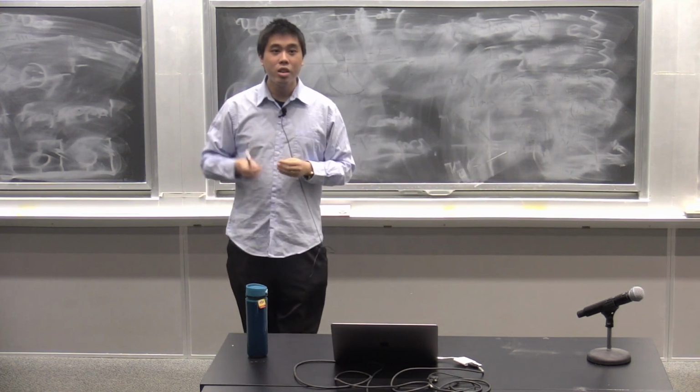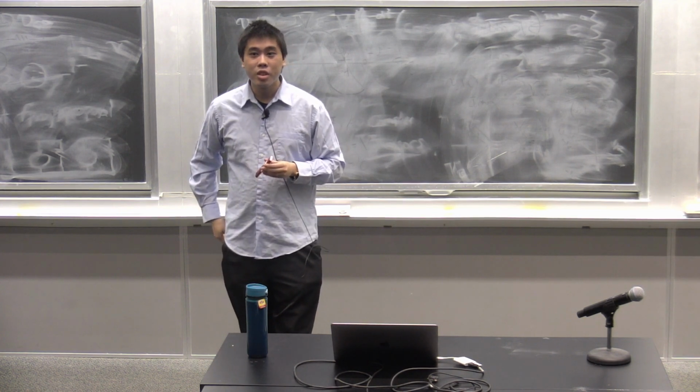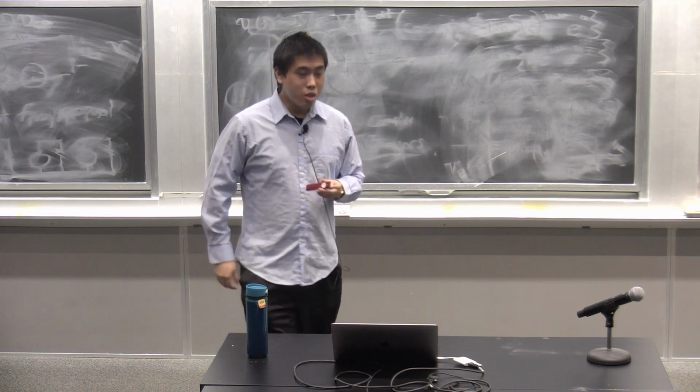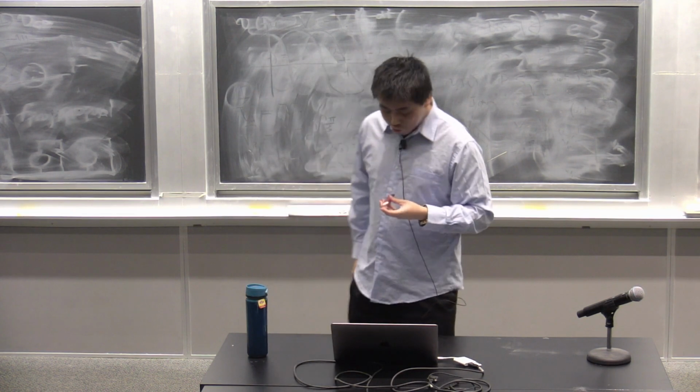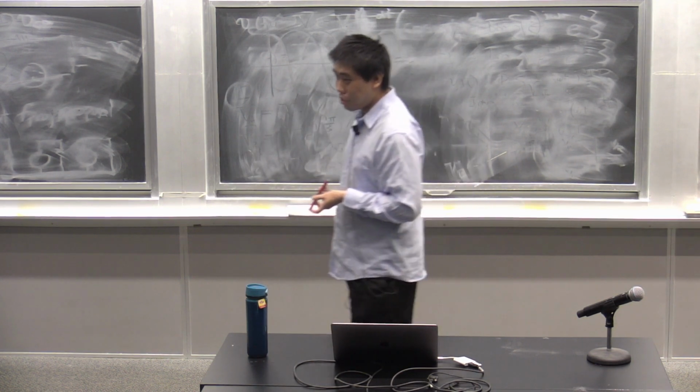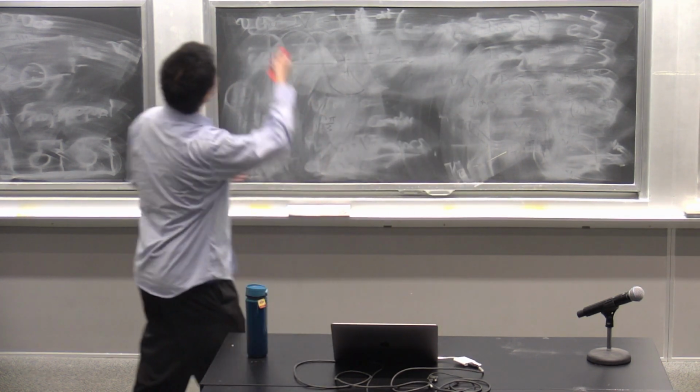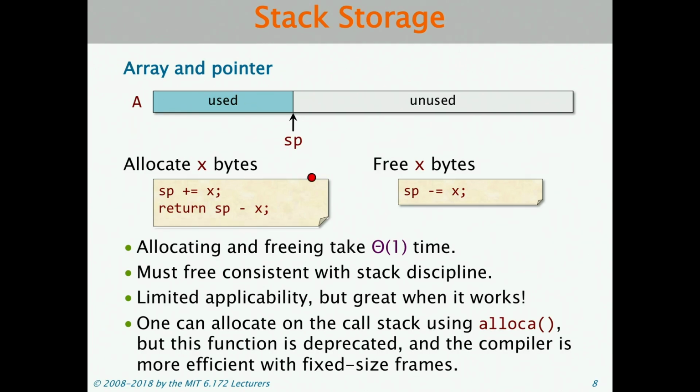You can only free things in the reverse order in which you allocate. Yeah, so the answer is that you can only free the last thing that you allocated. So there's no way to free anything in the middle of this used region here. You have to free the last thing, because the stack doesn't keep track of the objects in the middle of this used region.